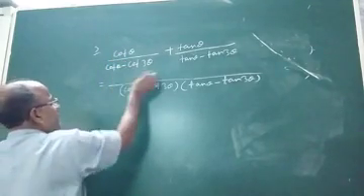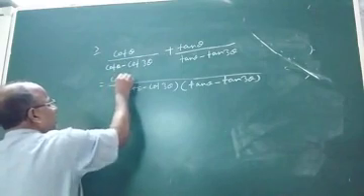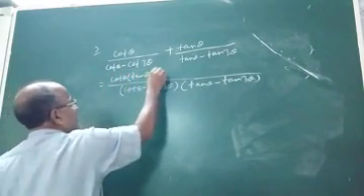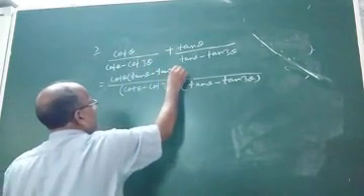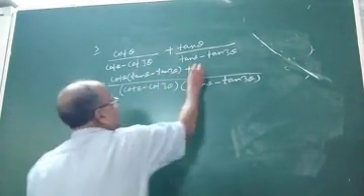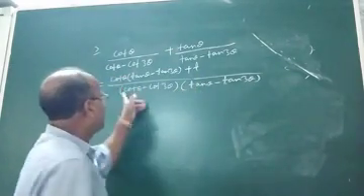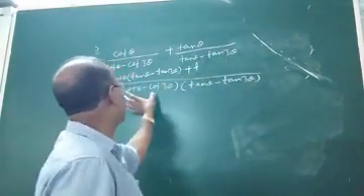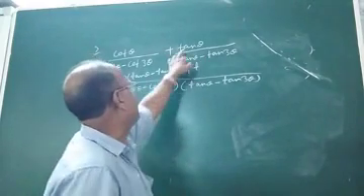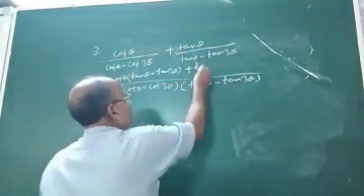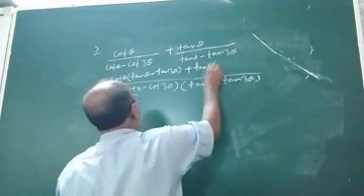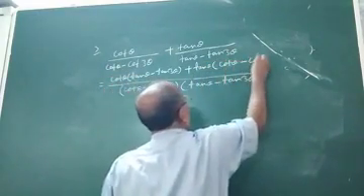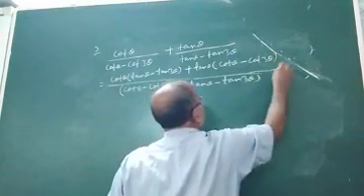So it will be cot theta into tan theta minus tan 3 theta plus tan theta. Dividing the LCM by this denominator, this and this term will be cancelled, this will be left, and this term will be multiplied by tan theta. So it will be tan theta into cot theta minus cot 3 theta.